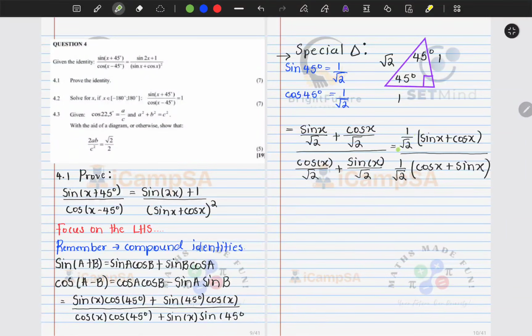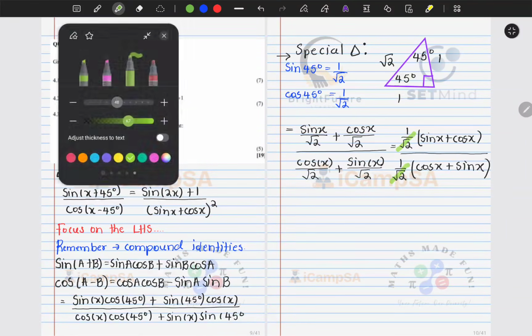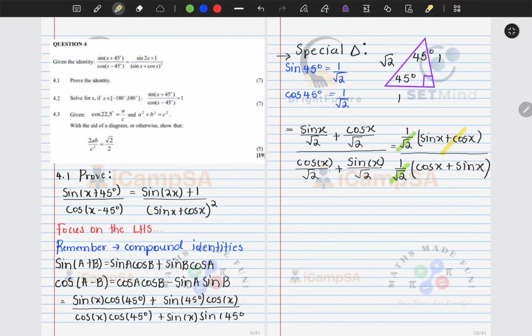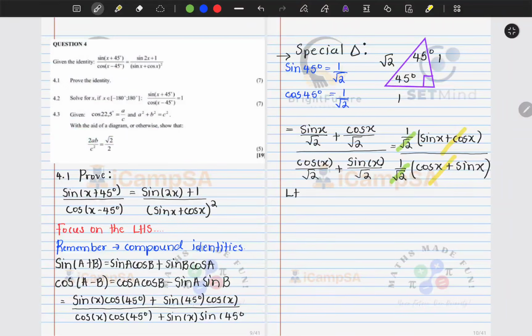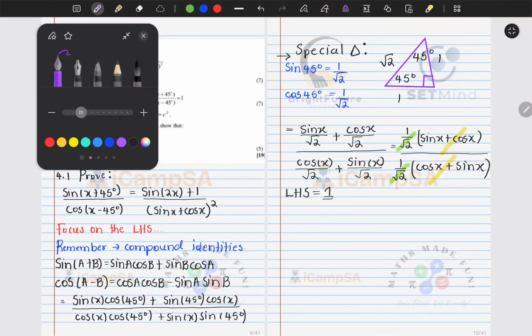This and this will cancel, and even this and that is the same. So we end up finding our left-hand side to be equal to 1.